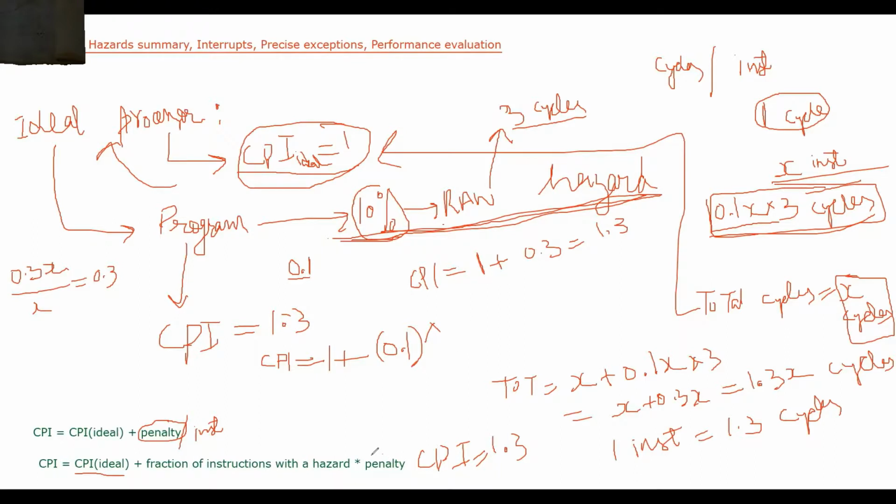Into the penalty associated with this hazard, which is 3. So it will be 1 plus 0.3, which equals 1.3.